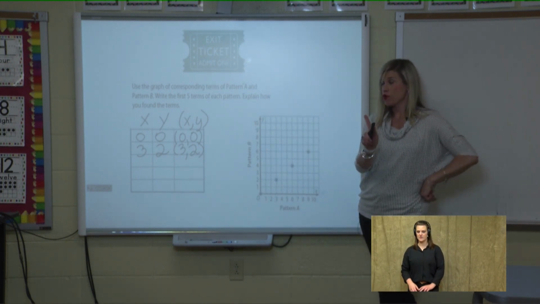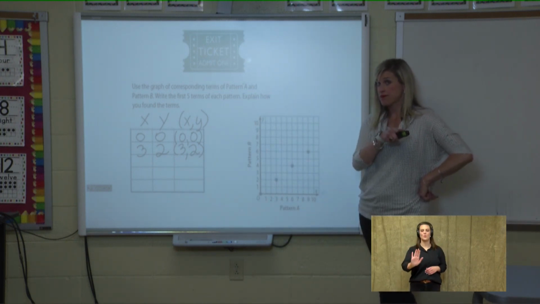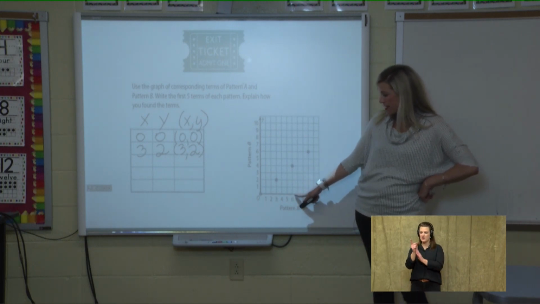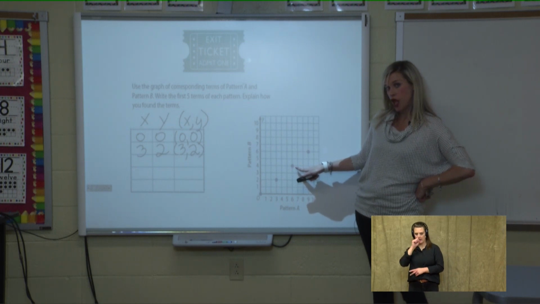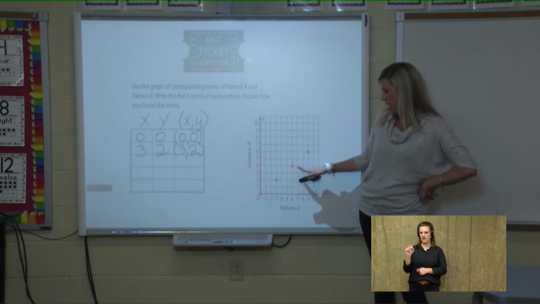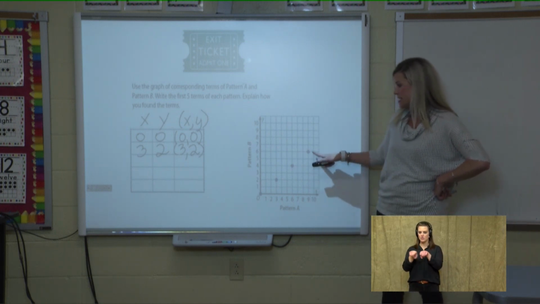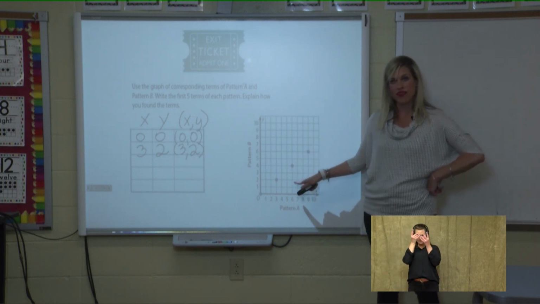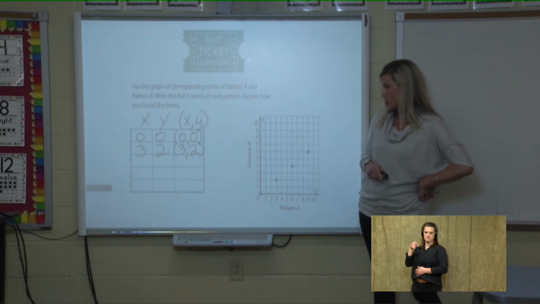Now I'm not going to do any more for you because this is your exit ticket, okay? So I'm going to give you just a minute to look at this plot on the coordinate plane, and I want you to think about what that would be in our chart.